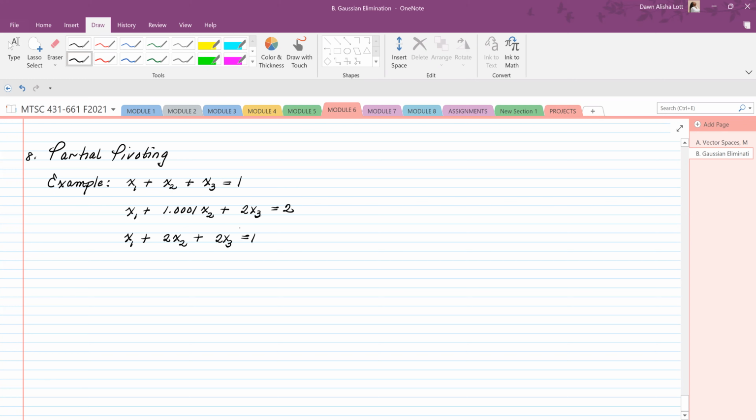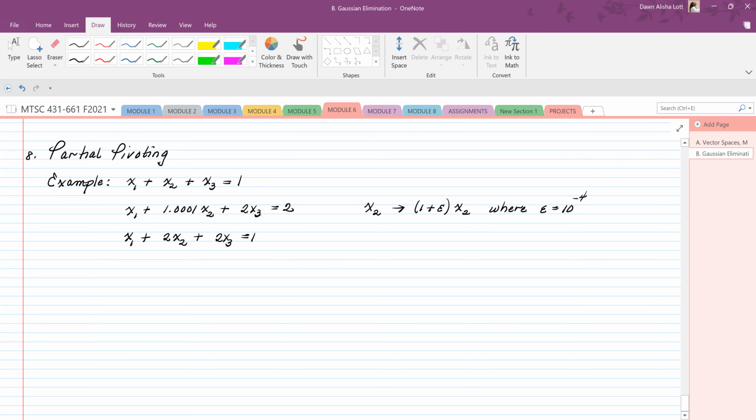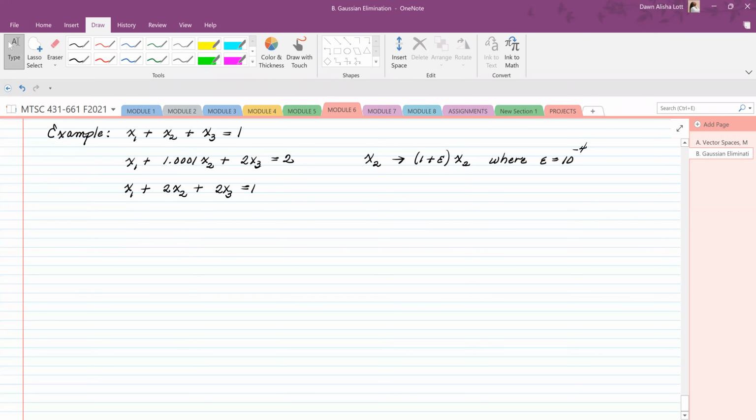If you can see, this is literally just a modification of the last example, except I've changed this middle term, which was just x2, to 1 plus epsilon times x2, where epsilon is 10 to the minus 4. So just by changing this a little tiny bit, let's see what happens.